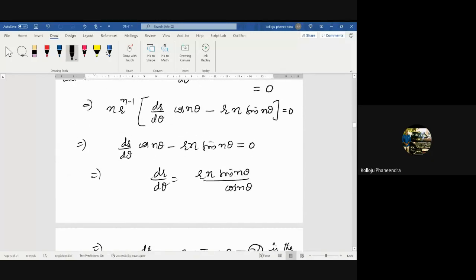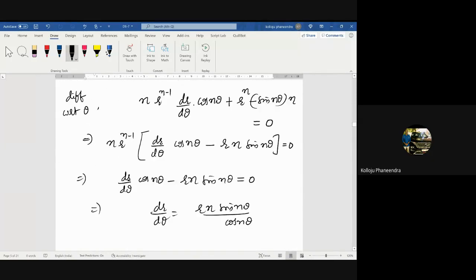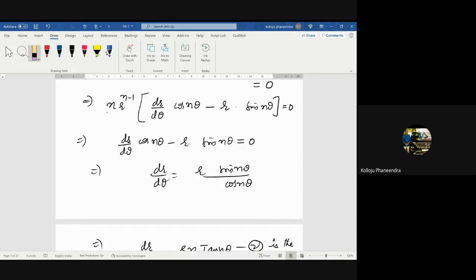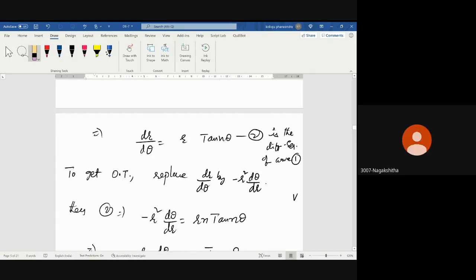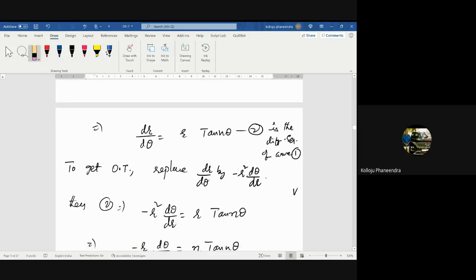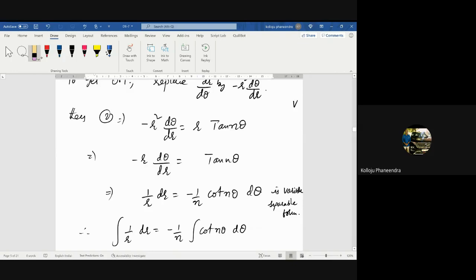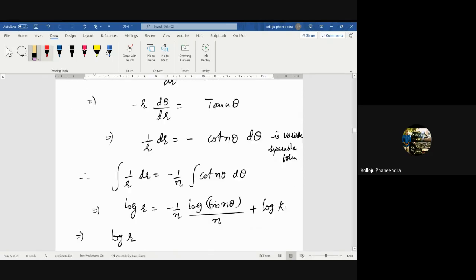See here, in this one n is also taken common, so there is no n here. Is it correct, right? Yes, sir. There is no n.